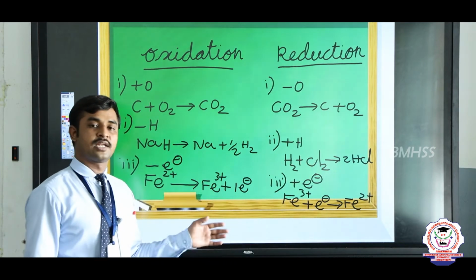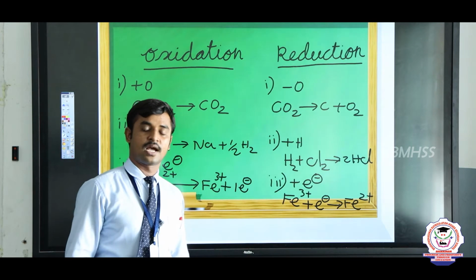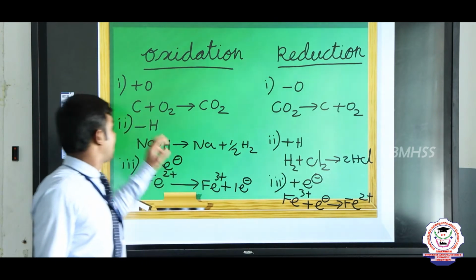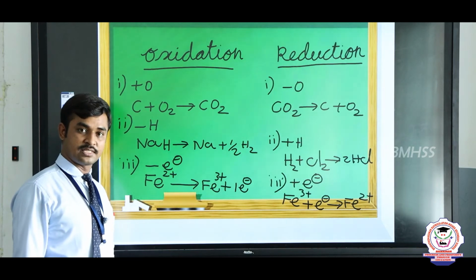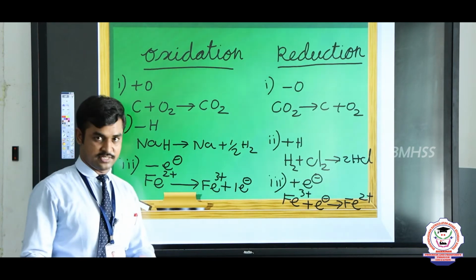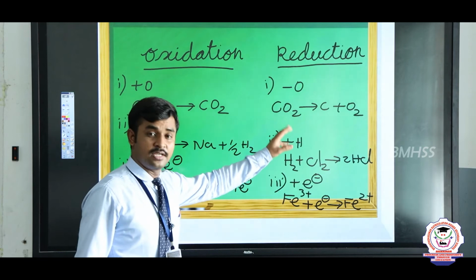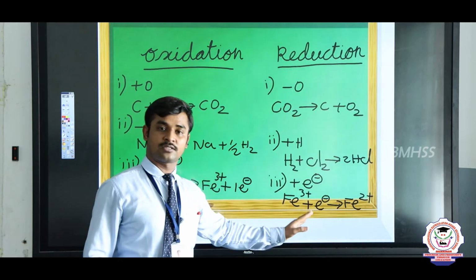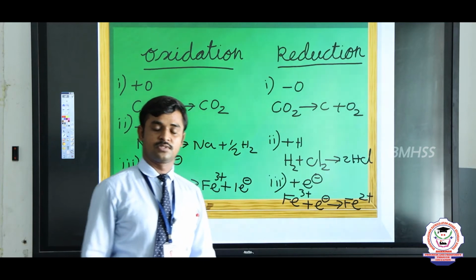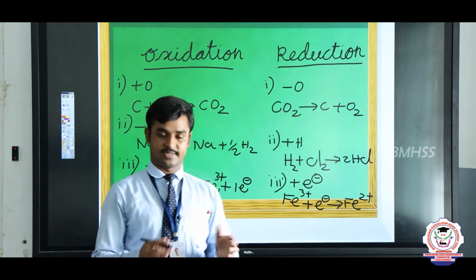So, addition of electron is reduction. I remind you again, addition of oxygen is oxidation, removal of hydrogen is oxidation, and removal of electron is oxidation. Otherwise, we can say removal of oxygen is reduction, addition of hydrogen or electron is reduction. This is the difference between oxidation and reduction.